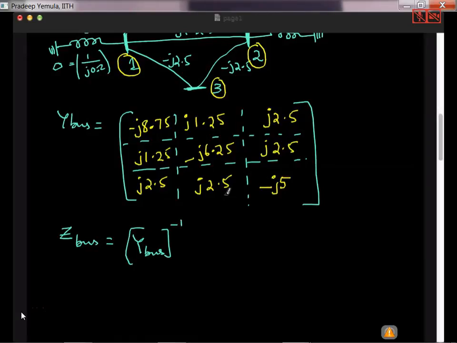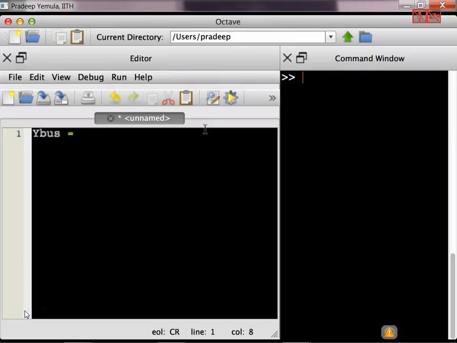Now, in order to find the inverse, of course, a 3 by 3 inverse with J and everything, we will have to use MATLAB. So let me go to MATLAB, and then I'll do the inverse of this. So basically, I take J common, so I will not mention J here. I can just put J later also. Minus 8.75, 1.25, and 2.5.